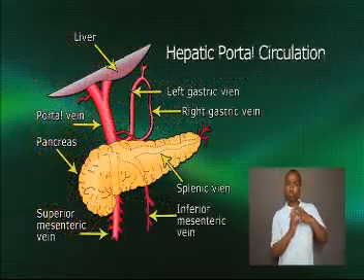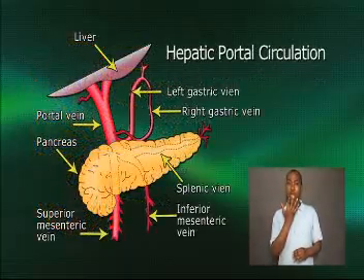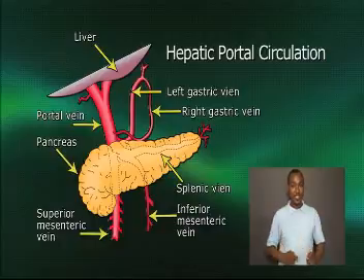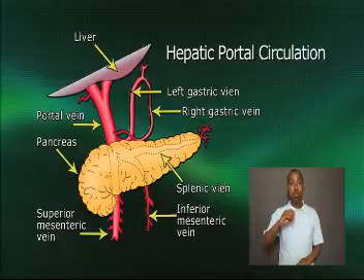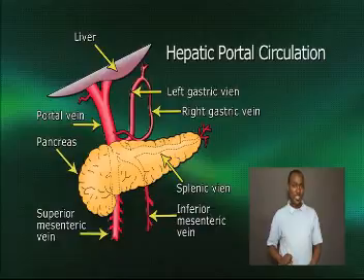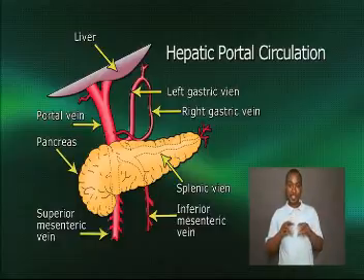When blood passes through the small intestine and liver during systemic circulation, it is known as hepatic portal circulation. During this phase, the blood from the small intestine, spleen, and pancreas collects in the hepatic portal vein, which passes to the liver.